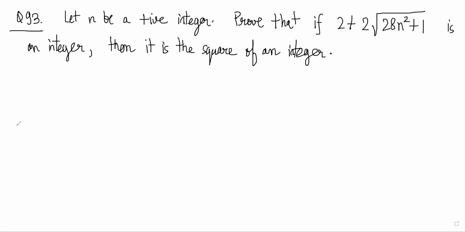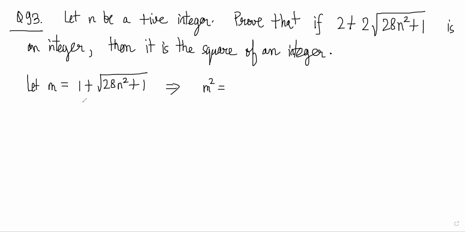Okay, so let's think about it. We will say let m be equal to 1 plus square root of 28n square plus 1. And we will simplify this equation a little bit.